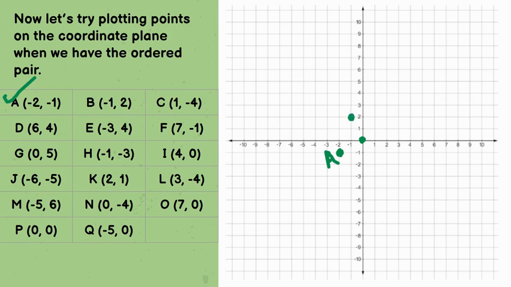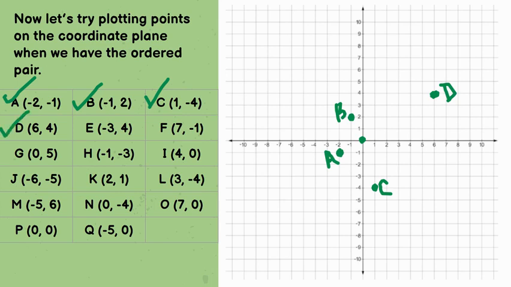I'm going to put my dot, and this is going to be letter B. All right, letter C, so we're at the origin, over 1, down -4, because it's a negative, so we got to go down, and this is going to be point C. Okay, at the origin, we're going to do point D, 6, 4. So we're going to go over 6, up 4, put your dot. And this is going to be for letter D.